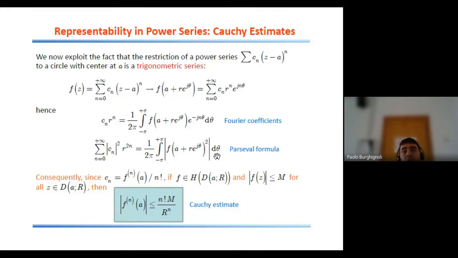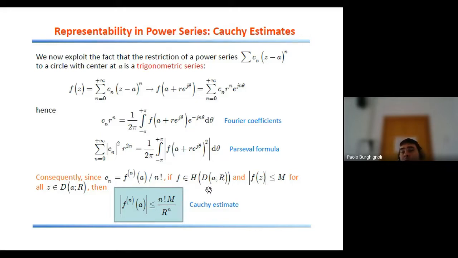Now, since any power series is a Taylor series, the coefficients are related to the derivatives of the function f evaluated at the center of the circle, so at the point a.